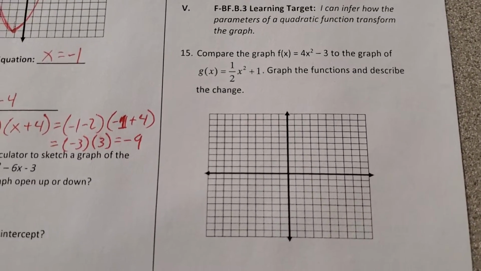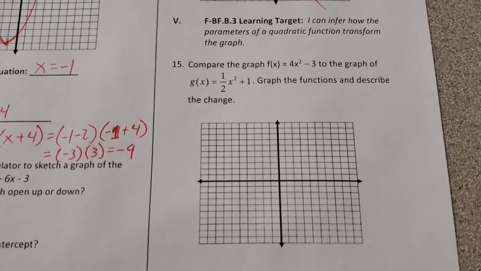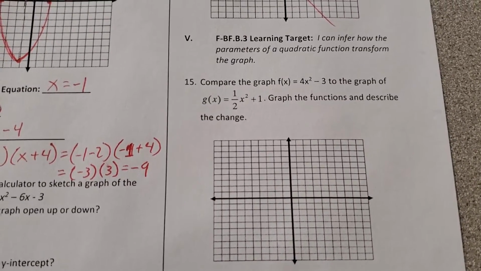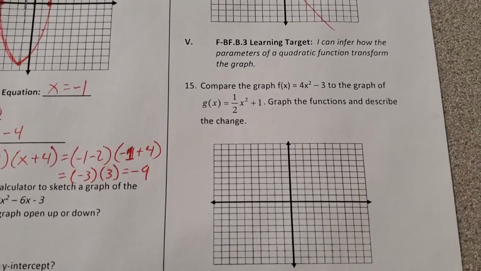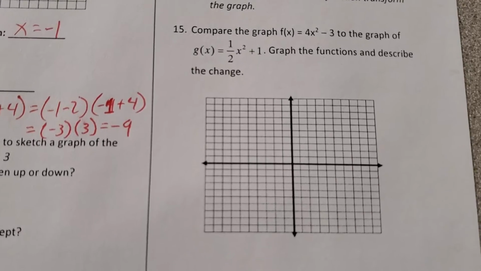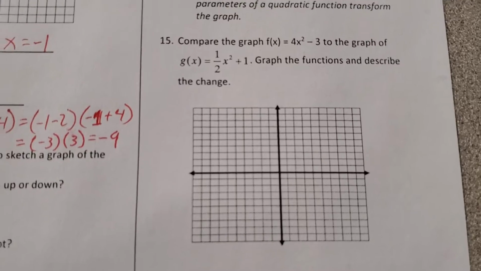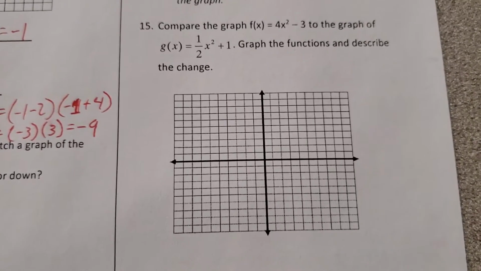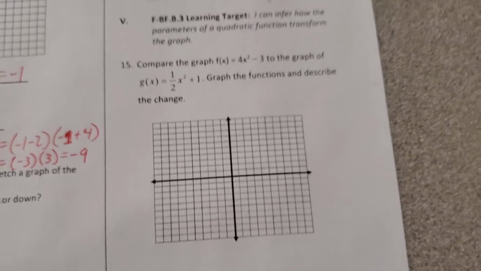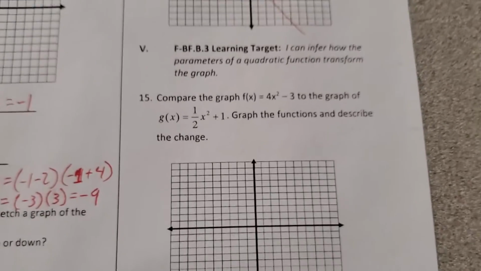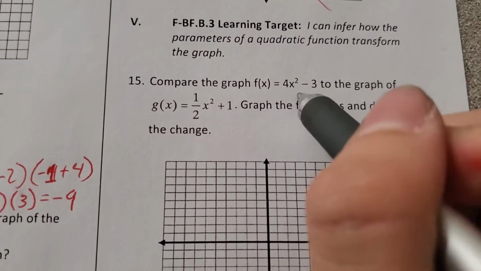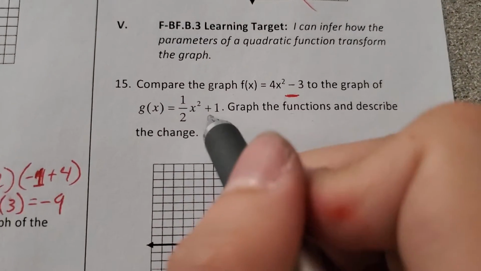All right, so number 15, we can do this pretty simple. And here's how it works. For 15, I'm going to be letting you use the graphing calculator that comes in Desmos on the computer. And it's pretty much understanding what it is that the 3 does and what it is that the 1 does.